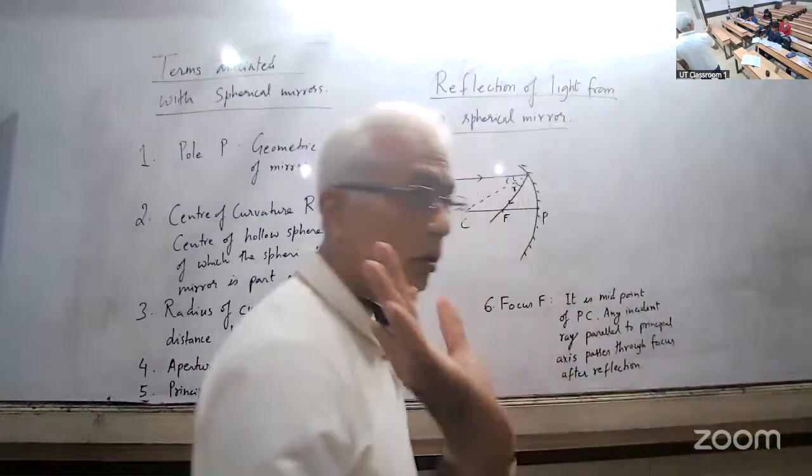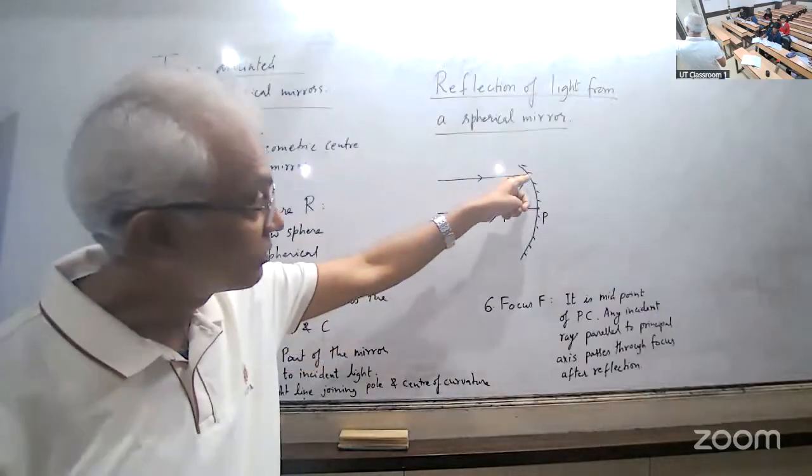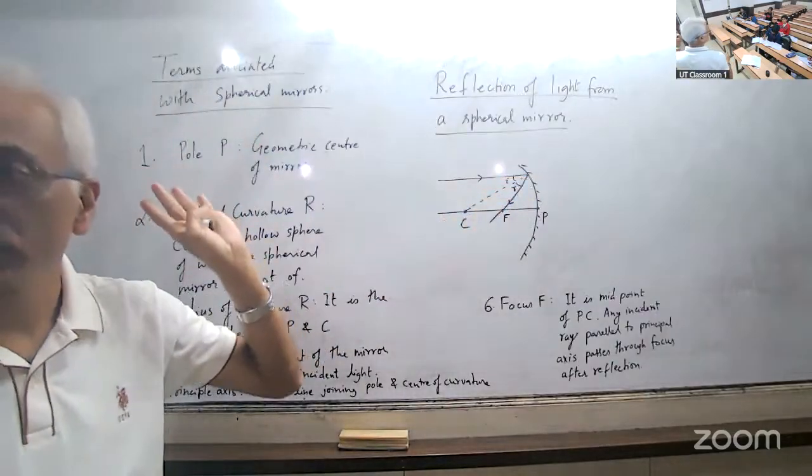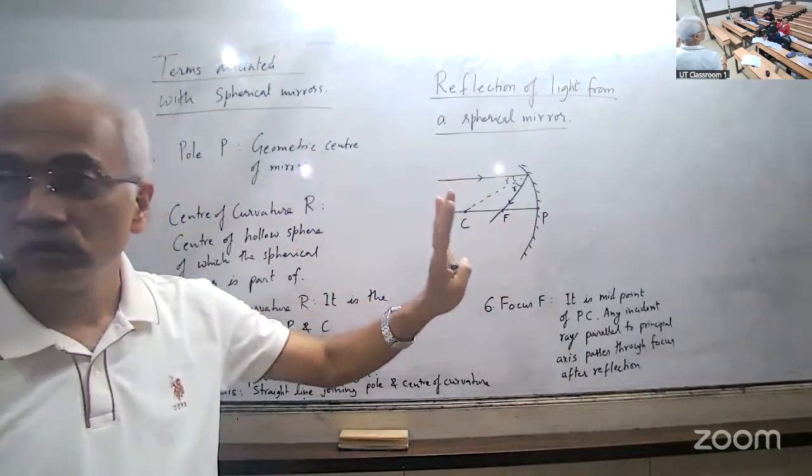Now these are rules. Any ray which is incident parallel to the principal axis after reflection will pass through focus. And focus is midpoint of CP. So we'll prove this.